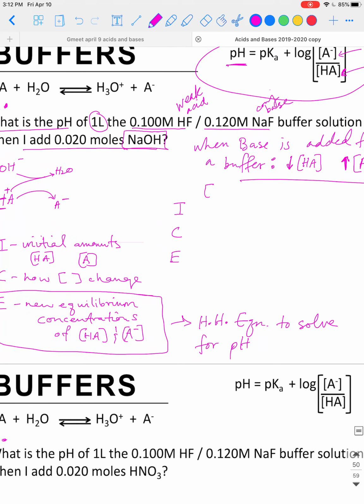All right. So our initial concentrations of HA, I'm just going to make a column for HA right here, and I'm going to make a column for A minus. The problem gives us our initial concentrations. We have 0.1 molar of HF, which might look confusing, we can be more specific.